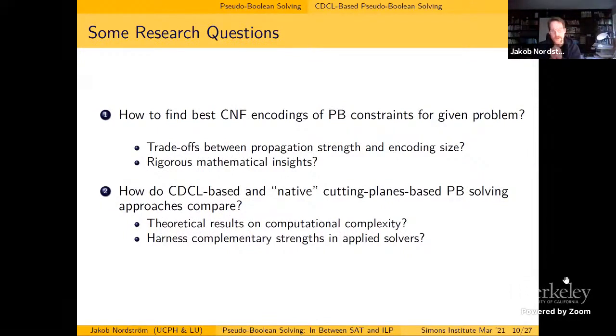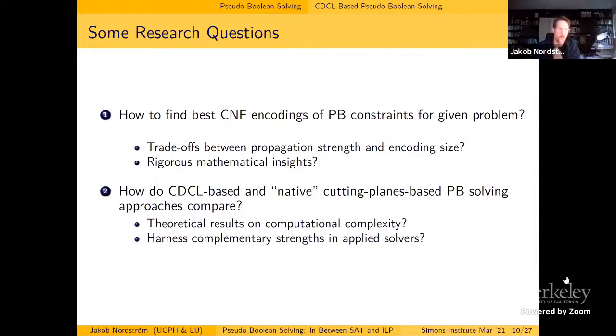Another interesting question is, I'd like to understand better how the CDCL-based approaches compare to the cutting planes-based approaches that I'm going to discuss briefly next. In particular, they seem to be somewhat complementary, and it would be nice, on the one hand, to theoretically understand what's going on.